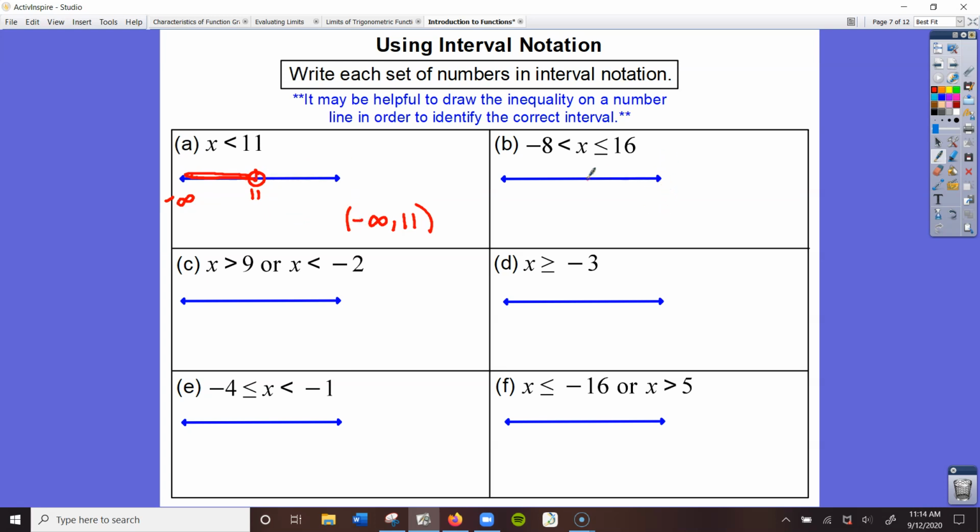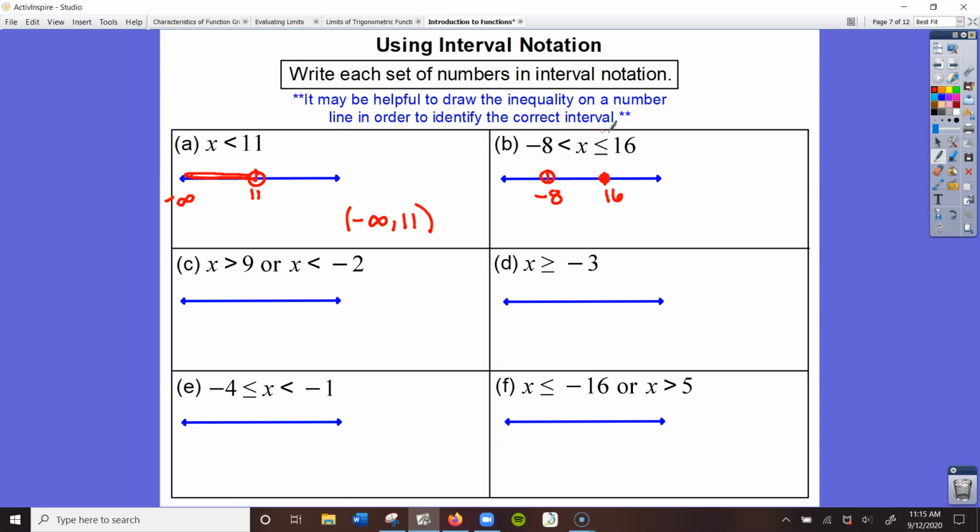For this next inequality, we have the numbers negative 8 and 16. So I'm going to go ahead and put both on my number line. As we can see from the inequality, the negative 8 is not included, but the 16 is included. Now, when you see an inequality written this way, x is somewhere in between negative 8 and 16, since x is greater than negative 8, which is the right side of negative 8, and x is less than 16, which is the left side of 16.